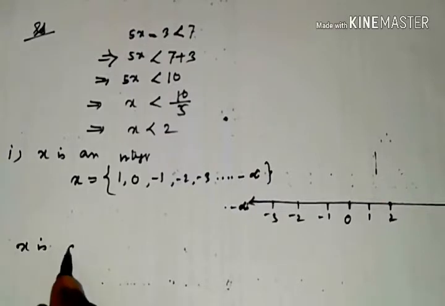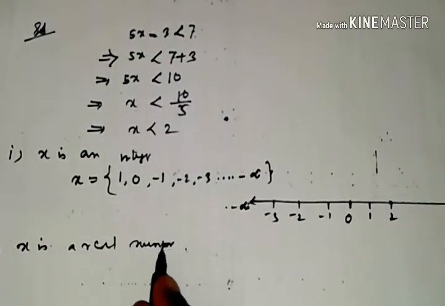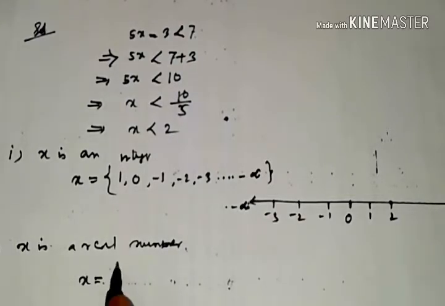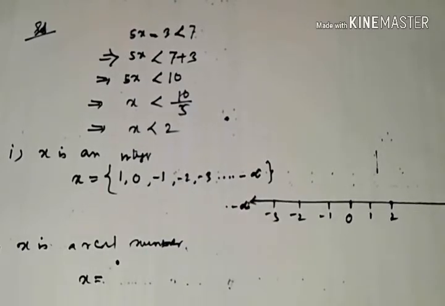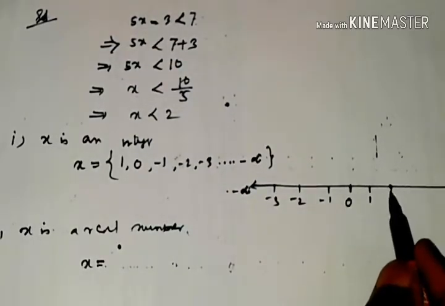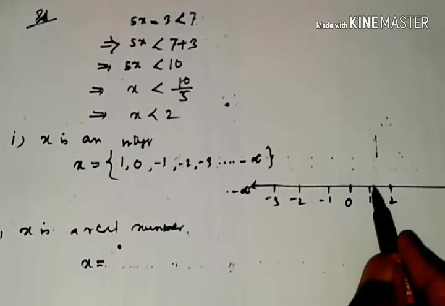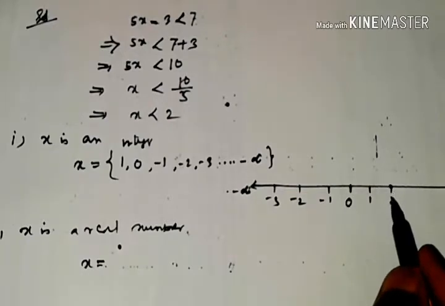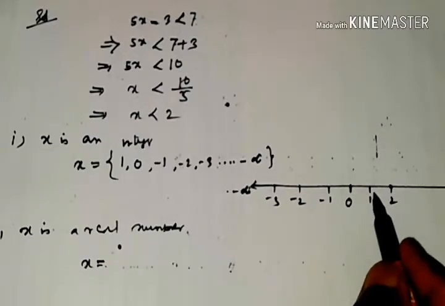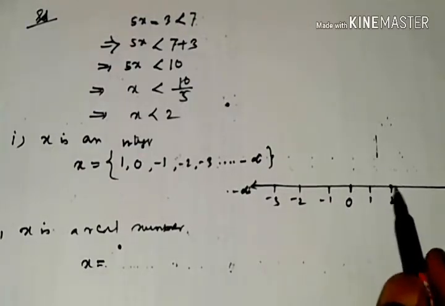x is a real number. What is the value of x? When x is a real number, then 2 is not included, but values in between 1 and 2, in between 0 and 1, and in between minus 1 and 0 are also included.